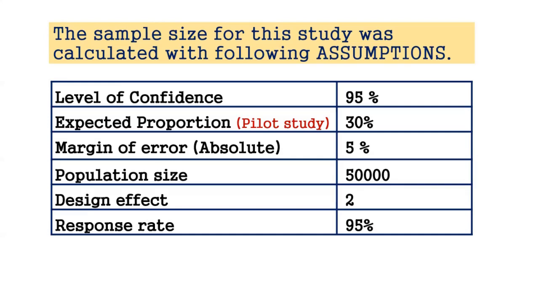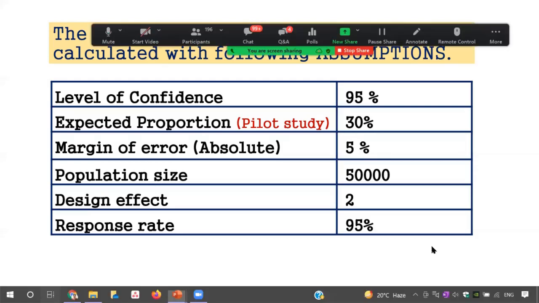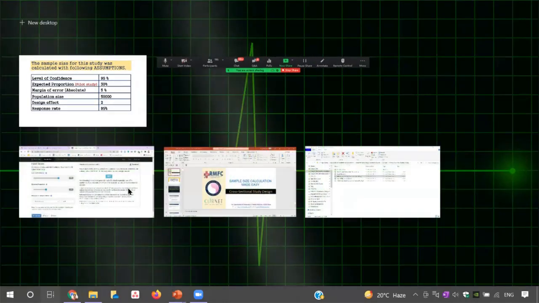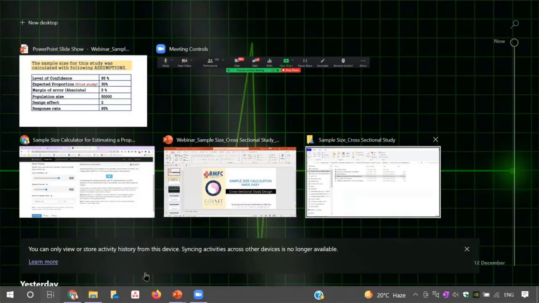To calculate this simultaneously, I will also show. So 30%, you have to do the 3 adjustments: 50,000, 2, and 95%. So you can go to the window tab. Again, I'll reset this.